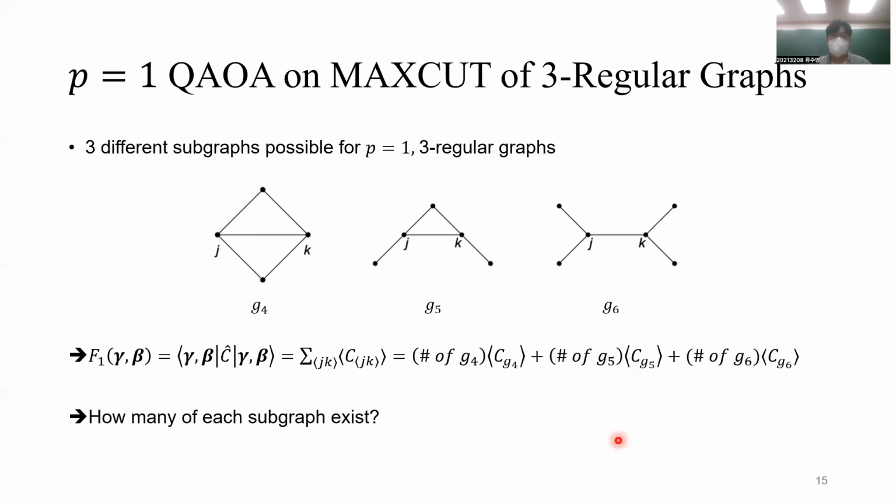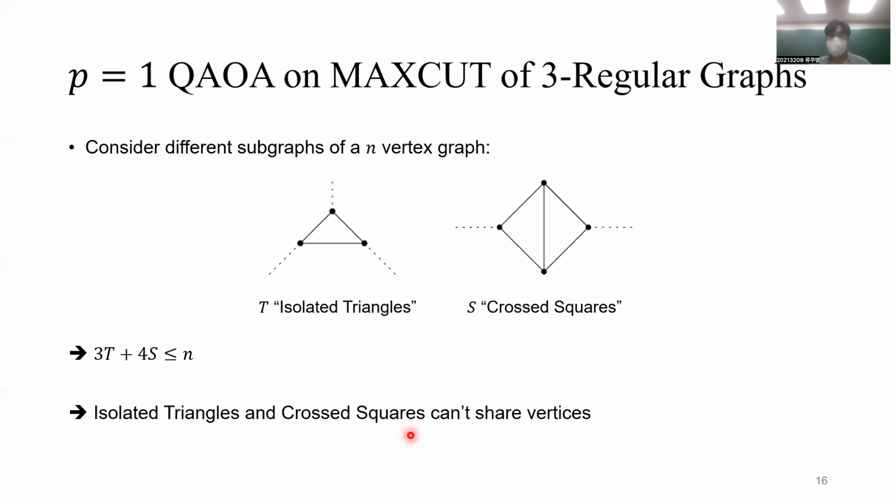So now we want to know how many of each subgraph exists. So now let's consider different subgraphs of the total graph. So let's think about isolated triangles and cross squares. Now these are just some names that are given to these types of subgraphs. And we can actually see that since this is a 3 regular graph, these two can't share vertices.